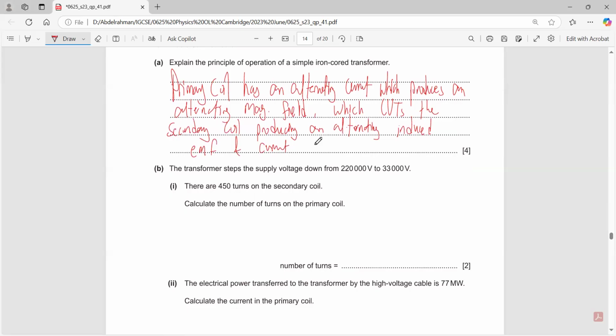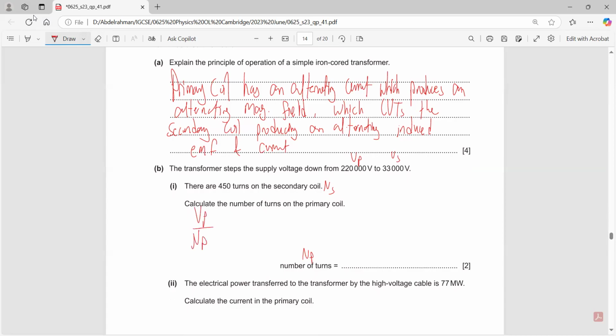The transformer steps the supply voltage down from 220,000 to 33,000. There are 450 turns on the secondary coil. This is the secondary coil, so this is NS. So we have VP, we have VS, and we have NS. We need NP.